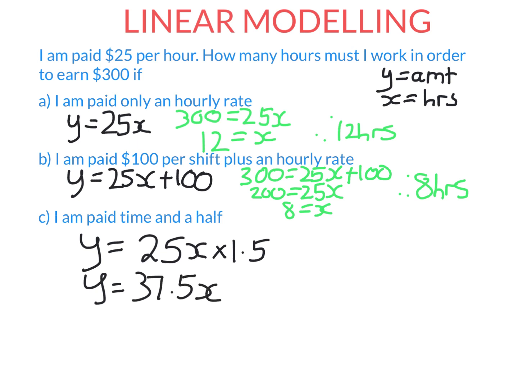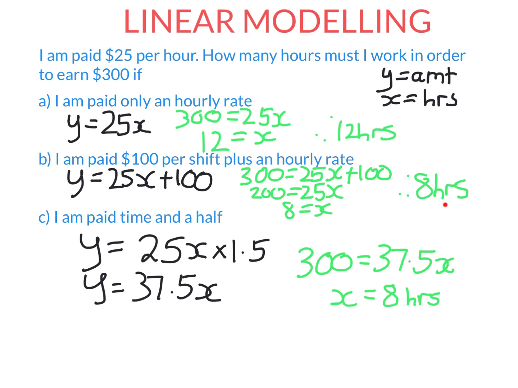So if I want to know for how many hours I must work to earn $300, once again, I just take my equation and I replace y with 300. This time, to get x by itself, I'm going to divide by 37.5 and I get 8. So I would need to work 8 hours at time and a half in order to get $300.